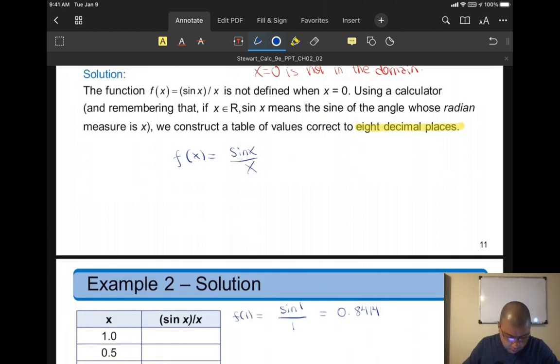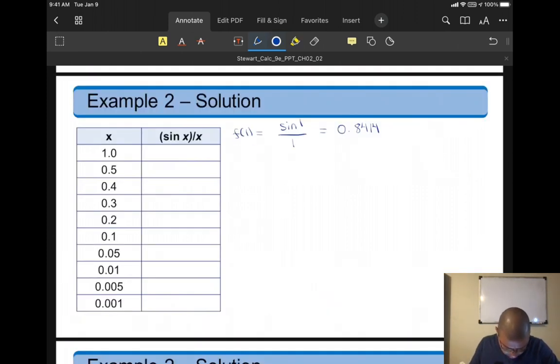I'm not going to do all of these. I'll go like the first 3 or 4 so you understand what I'm trying to do. So let's do f of 0.5, just sine 0.5 over 0.5.